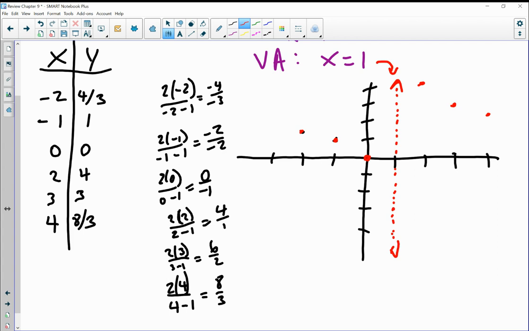Okay, so now remember the last problem, we did some extreme values just to see what the horizontal asymptote would be. So I'll plug in -100 and positive 100, see what's happening.